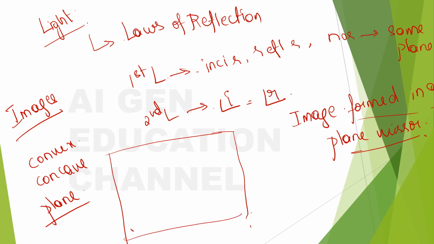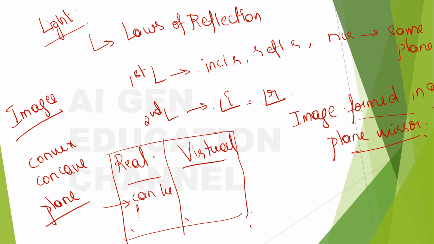So we want to know about the real image and virtual image, right? The basic thing that you have to understand is that the real image can be seen on the screen. It can be formed on a screen, because as the name shows, this is a real image.